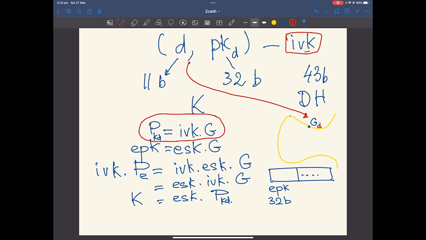Therefore, if instead you use diversified addresses, you use a single IVK, you decrypt all this stuff, and the decrypted note will tell you what D was used. You don't have to go through 1,000 decryptions. This one attempt at decrypting is worth 1,000 decryptions. Therefore, your decryption process is 1,000 times faster.